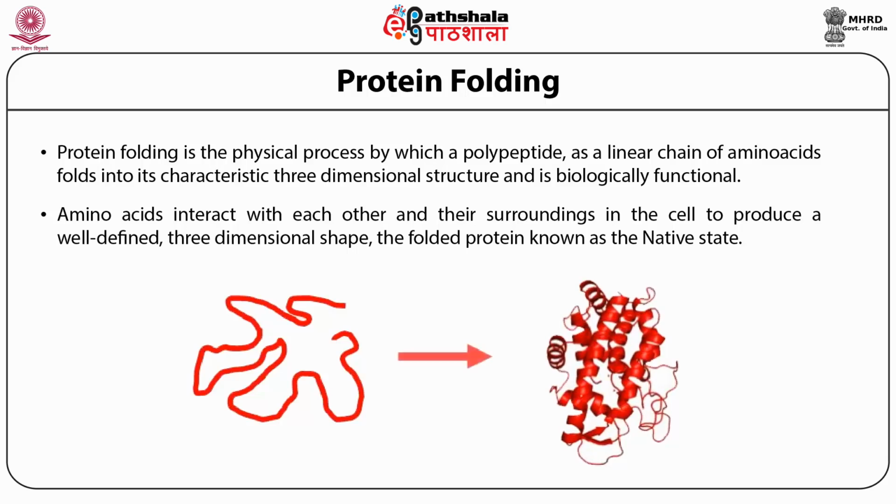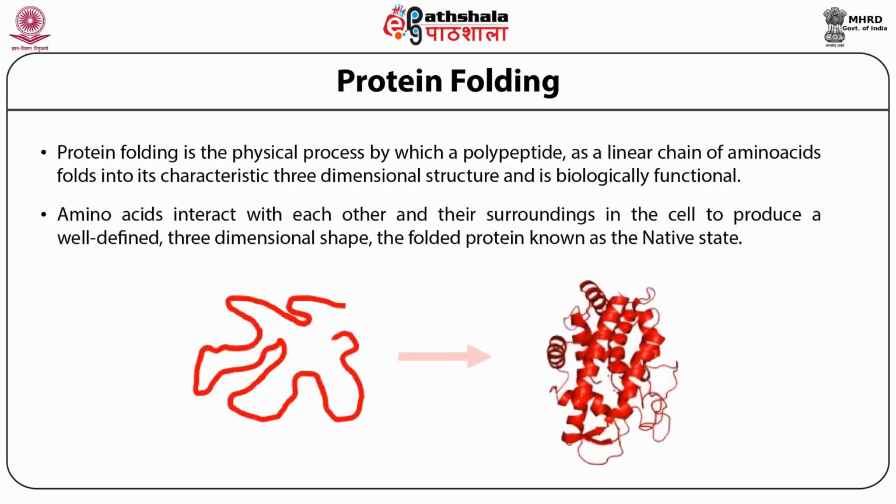The figure to the left indicates the polypeptide chain, and the figure to the right shows the well-defined three-dimensional structure. This three-dimensional structure is stabilized by a number of interactions that take place between the amino acids. The interactions could be between each other, or it could be the interactions of these amino acids with the water molecules.